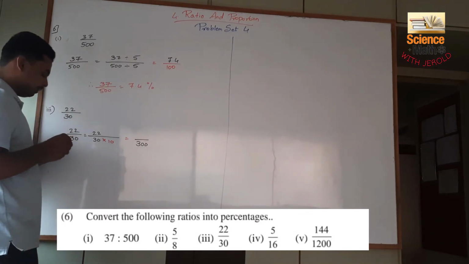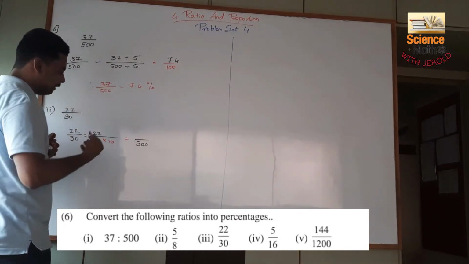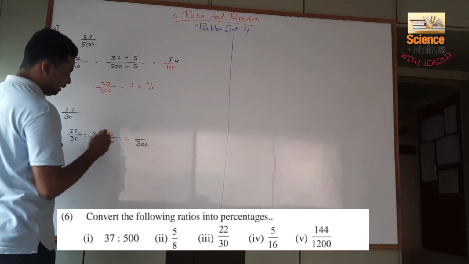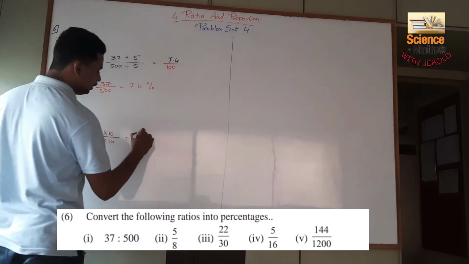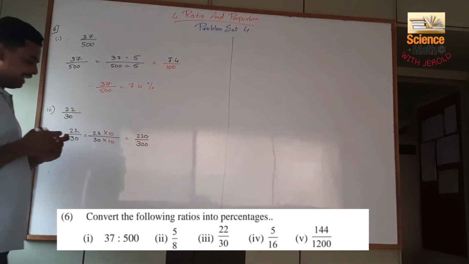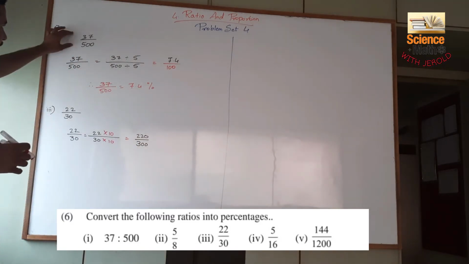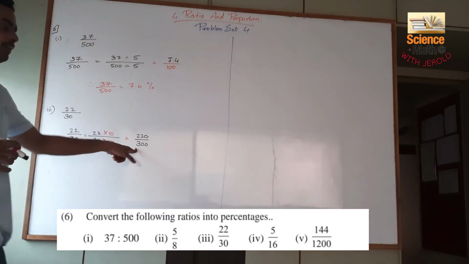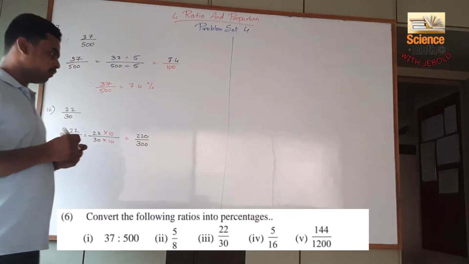If I am multiplying the denominator by 10, the numerator also has to be multiplied by 10, and hence my numerator will be 220. Now that I found the numbers in this type of part, I can convert this 300 to 100. So what do I have to do?